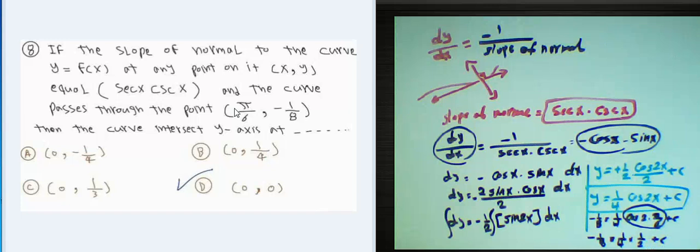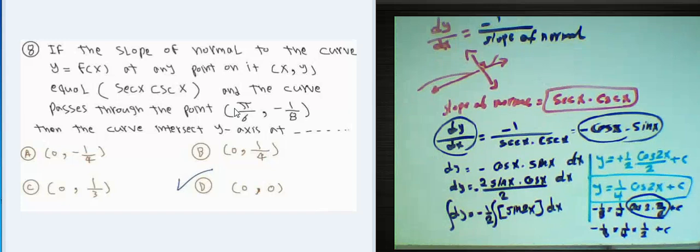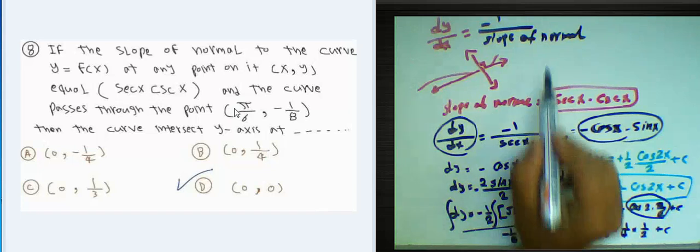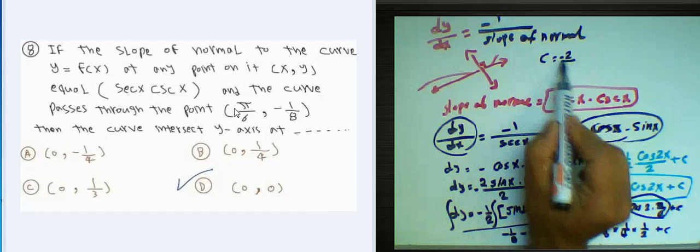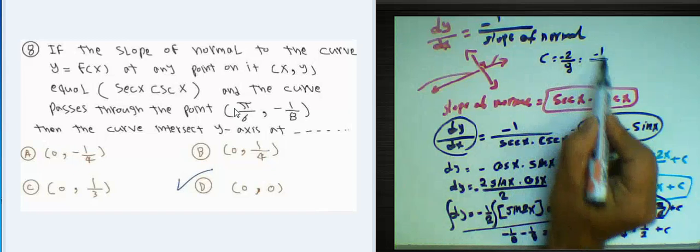Subtract this number from negative 1 over 8, moving it across. Okay, negative 1 over 8 minus 1 over 8 equals the constant, so the constant equals negative 2 over 8, which is negative 1 over 4.